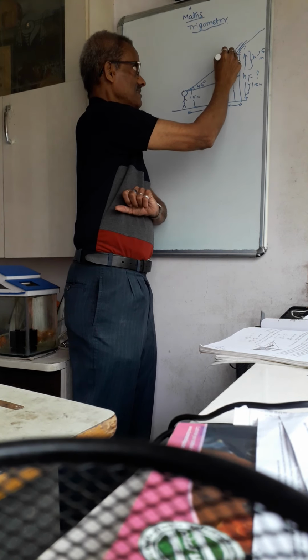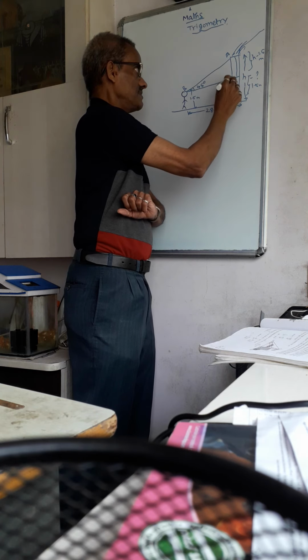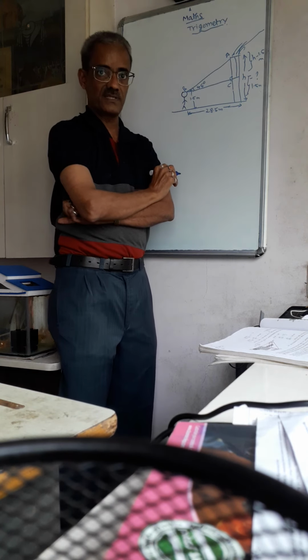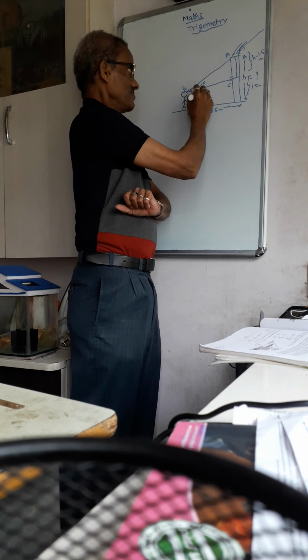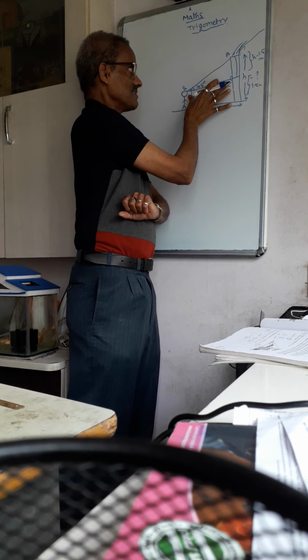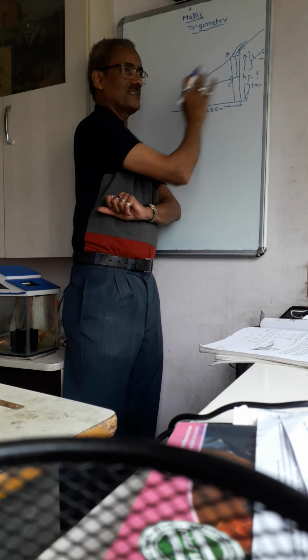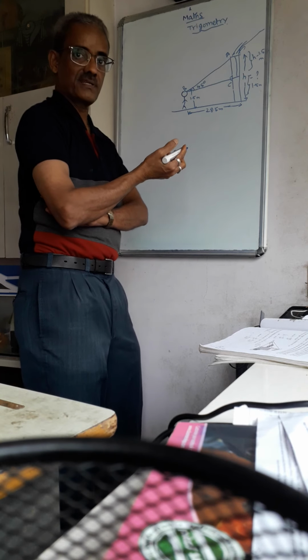Let us consider the right angle triangle ABC, with 90 degrees here. Trigonometry always involves a right angle triangle. We know the opposite side and the adjacent side. So what formula can we take?